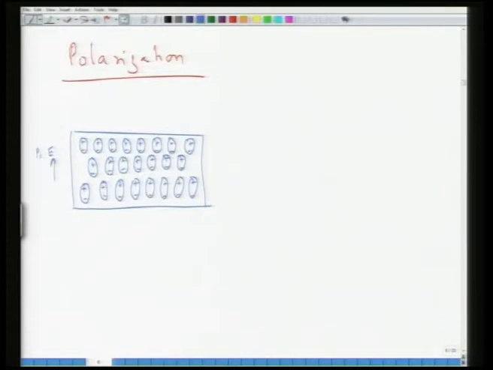So, let us say I probe a particular volume in this material. It is a circle, or a sphere if it was 3-dimensional. Now, what is the net charge density inside this volume of material?